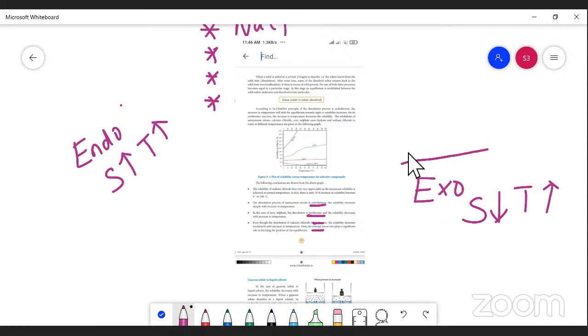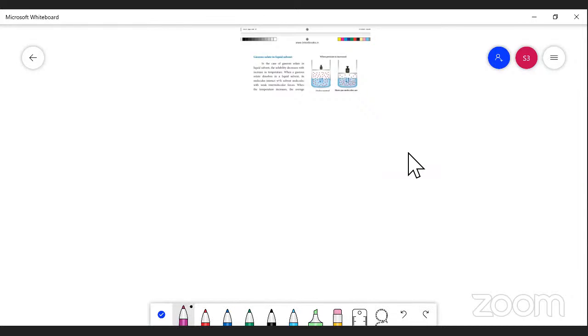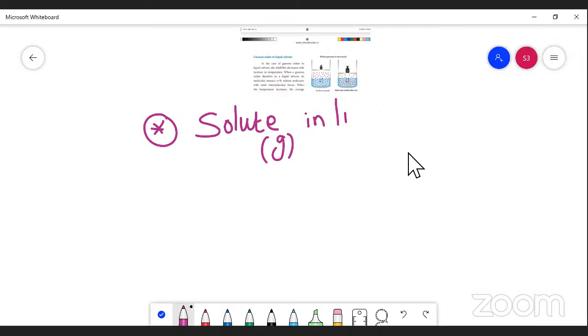Okay, then let us move on to the second system, that is, a gaseous solute, a solute in a gaseous state in a liquid solvent.